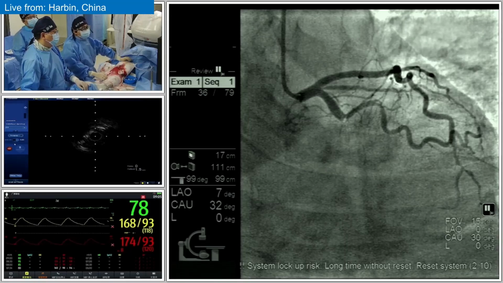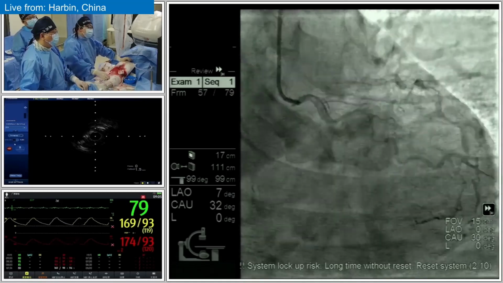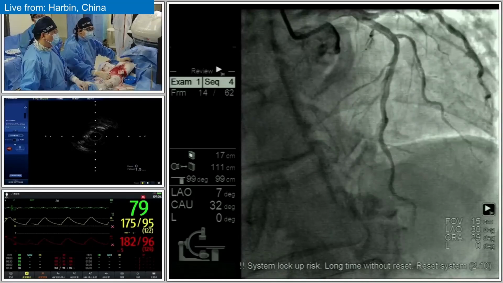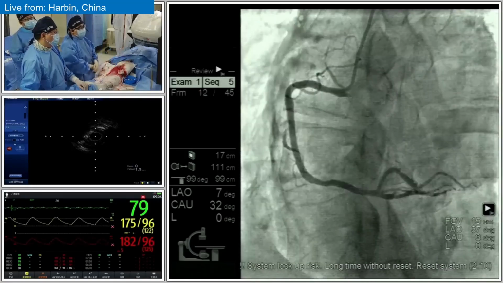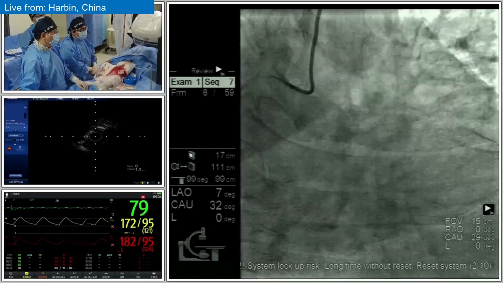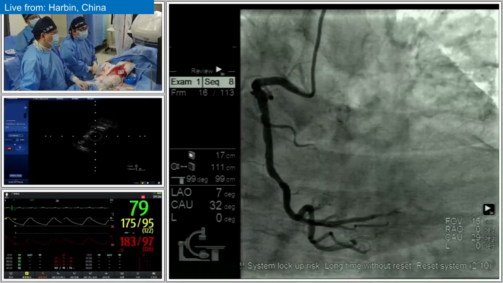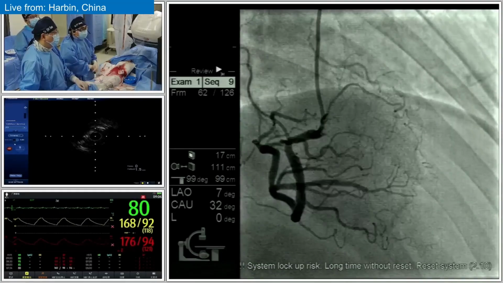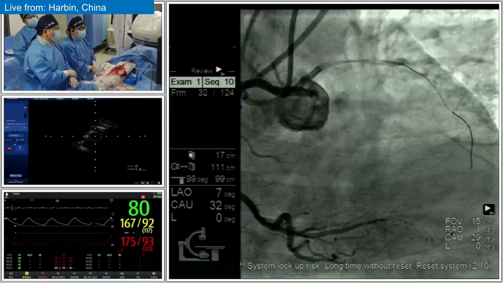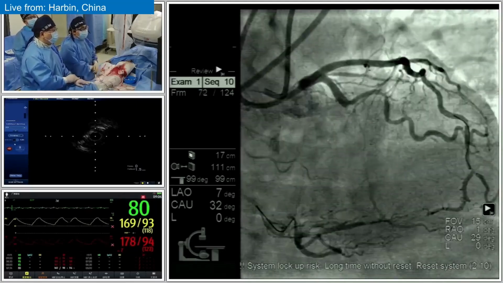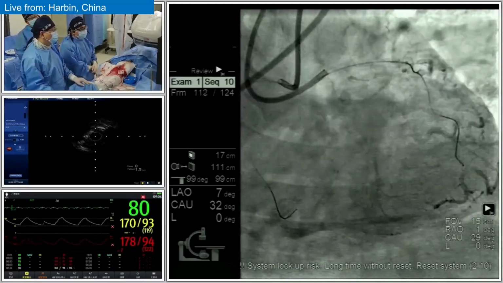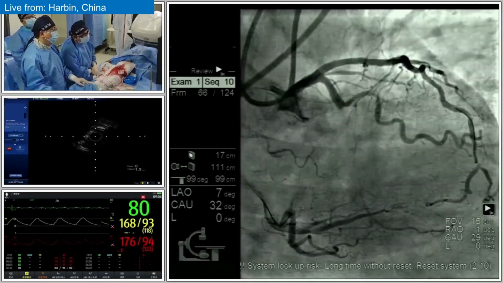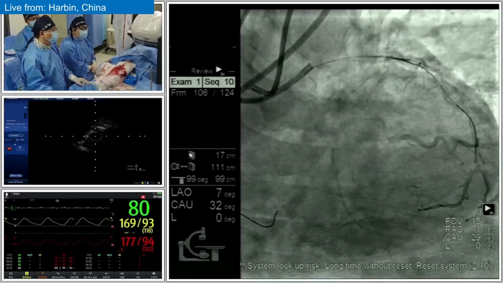Next important step is the dual injection. As shown in this case, from the dual injection, we can see that originating from the RCA, there are several epicardial collaterals, but they are very small and not visibly continuous.